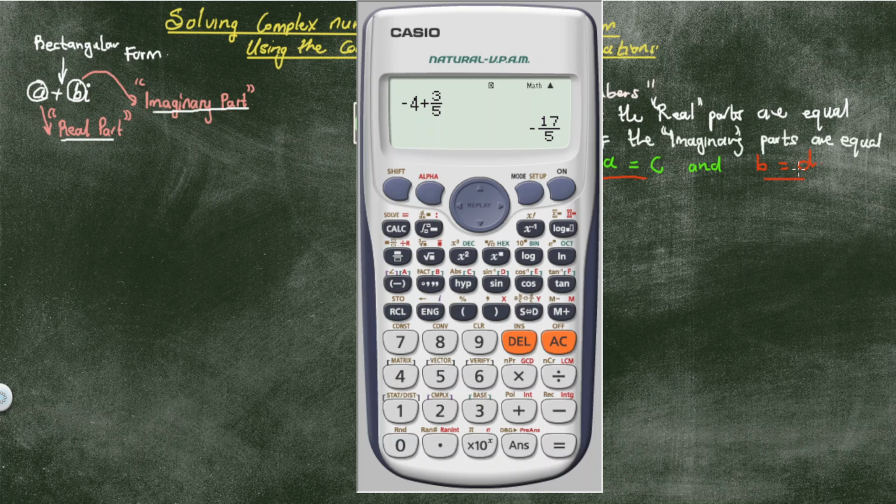If these two parts are equal, then the two complex numbers are going to be equal. All right, so these are the fundamental concepts involved in simplifying simultaneous equations with complex numbers.